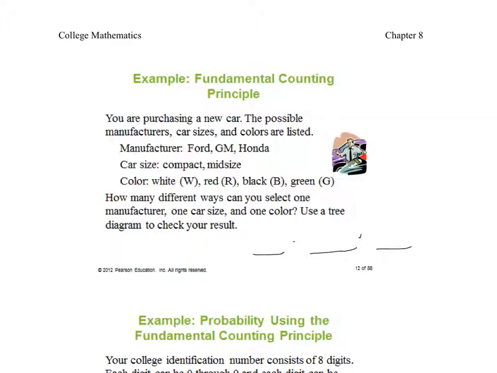The number of manufacturers is 3, because it's Ford, GM, and Honda. For car size, I have 2, either compact or midsize. And for colors, there's 4: white, red, black, or green. If I multiply that together, I come up with 24 ways I can select the car.